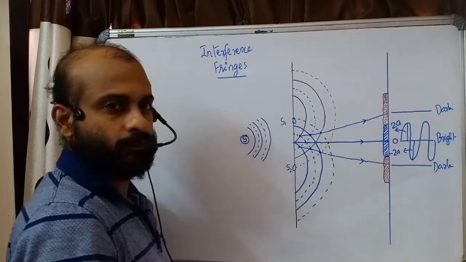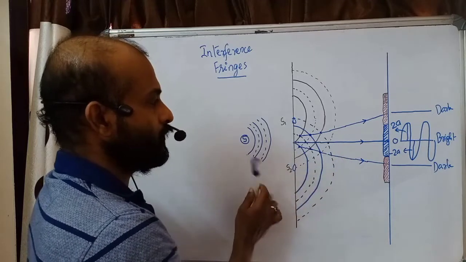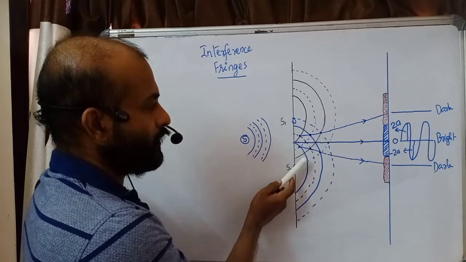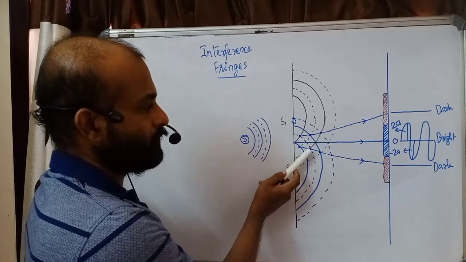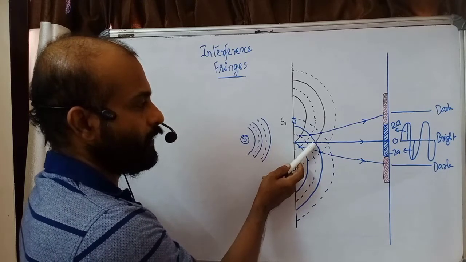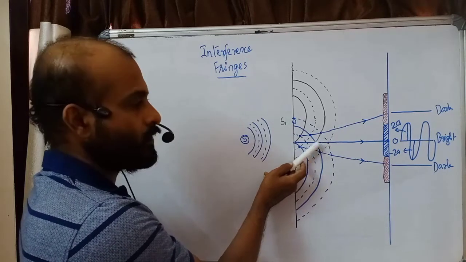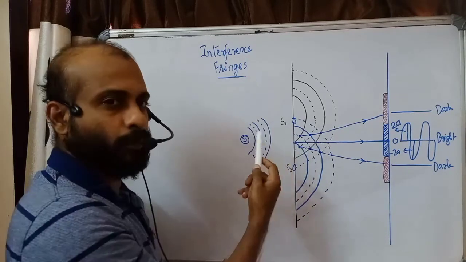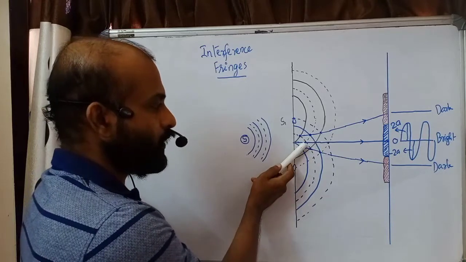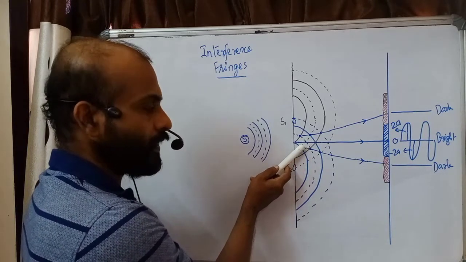This is a screen. Now you can see that exactly along the center, the troughs corresponding to both sources are meeting. Here troughs are meeting, here crests are meeting, again here troughs are meeting. In the first point you can see the blue dotted line meet with the black dotted line.